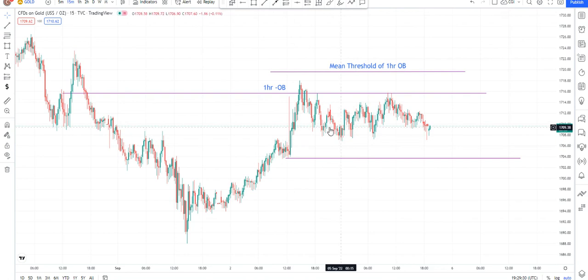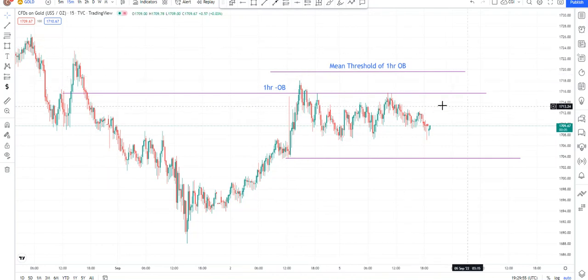So it's nothing complex. Sell-side liquidity is just a liquidity that is a low. Buy-side liquidity is a liquidity that is a high. So for sell-side liquidity, they will be forcing buyers out of the market. For buy-side liquidity, they will be forcing sellers out of the market.